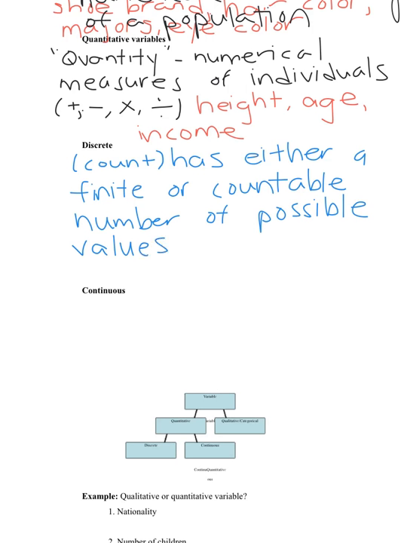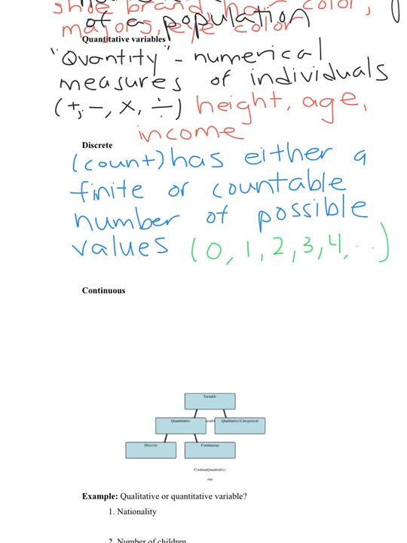So you can have 0 cars, 1 car, 2 cars, 3 cars, etc. You can't have 3.5762 cars. That's silliness.